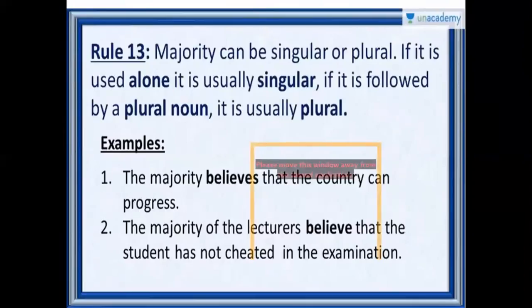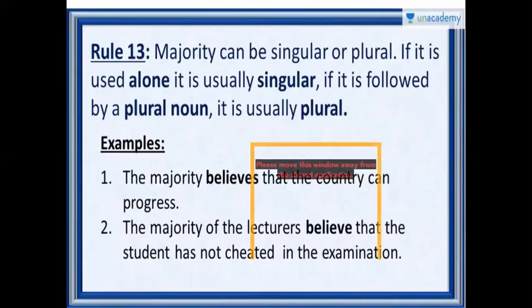Look at the word majority. Majority is a word which can be taken both as singular or plural. In English, it is a special word, both singular and plural. If it is used alone, it is usually singular. Look at the first example, the majority only used alone.